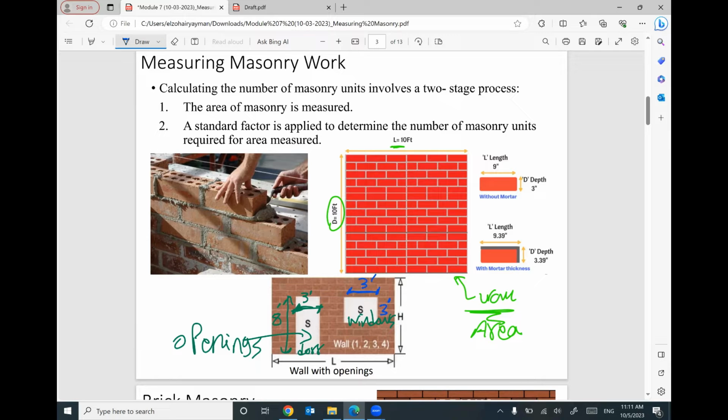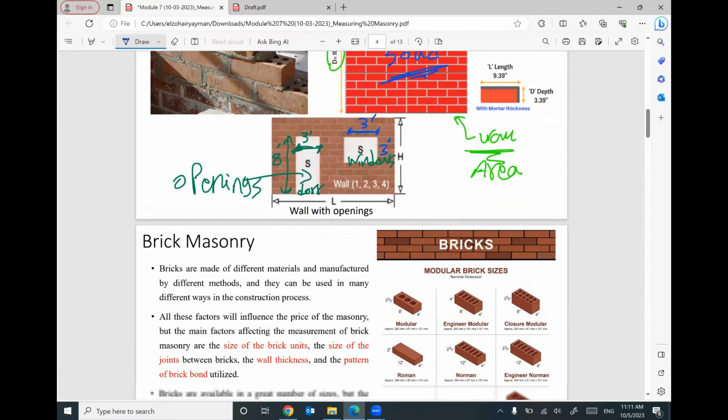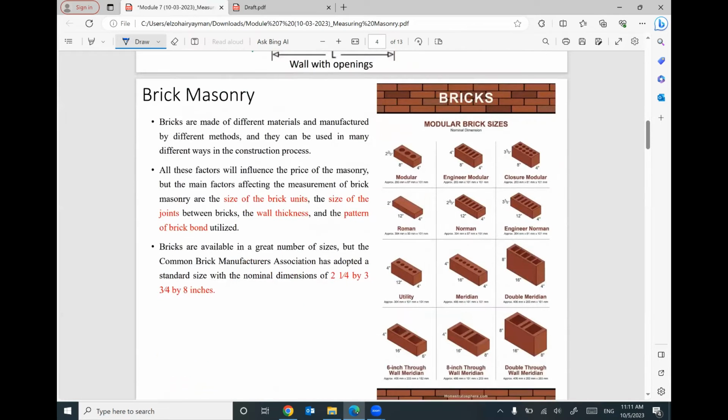But we have 2 cases for the wall. Sometimes it's solid without any opening, sometimes with opening, and this opening can be a window or a door. Also, keep in your mind that we have different types based on material and different types based on dimensions of the bricks.